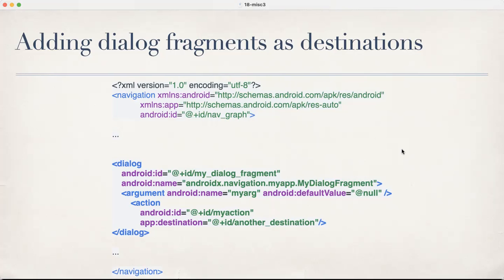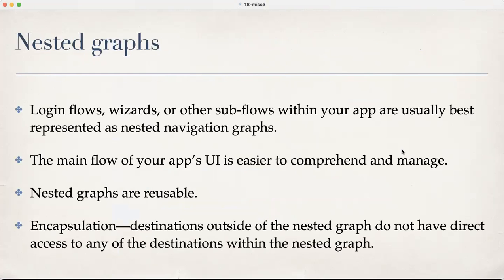Okay, so some apps can have a lot of flowing moving parts, and in those cases, it is recommended to use nested graphs to encapsulate certain parts that are cohesive and that are differently connected to the rest of the app. Particularly, login flows are a good example.